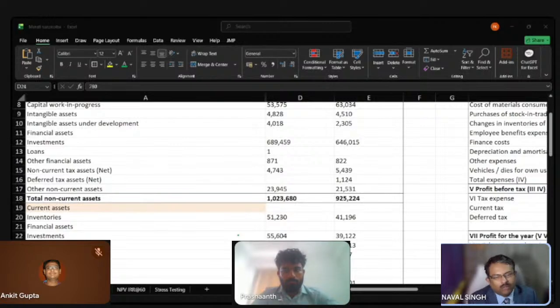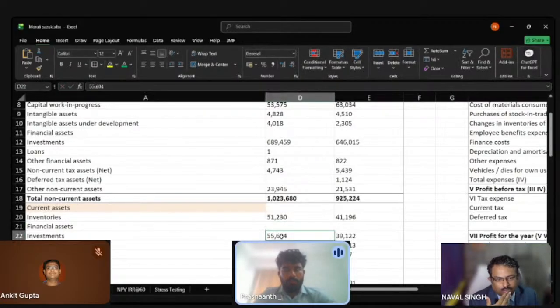Assuming 100 rupees is $1 for the ease of mathematics, 55 billion rupees is 0.55 billion dollars, right? Yeah. Then you have half a billion dollar currently lying as investment.